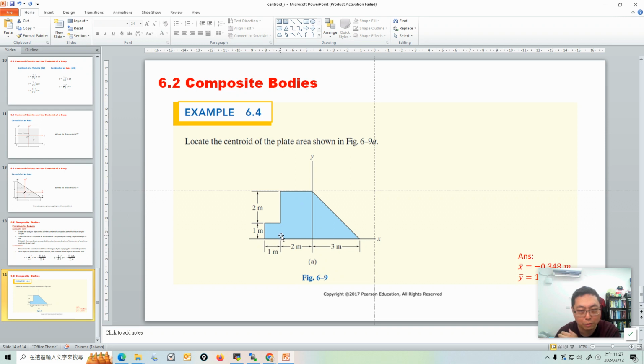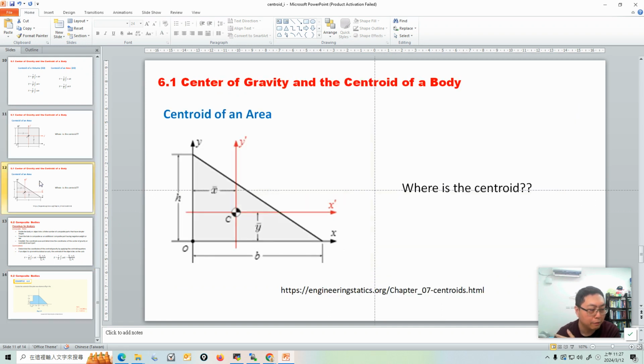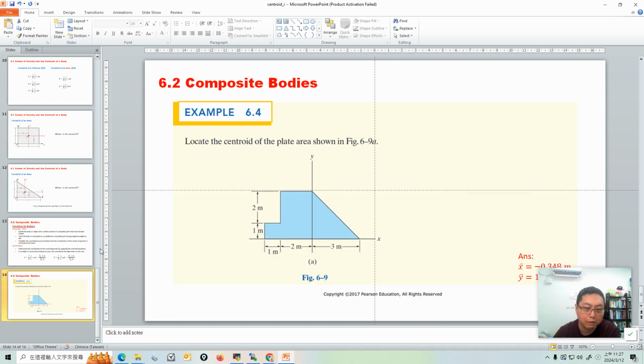It's difficult to recognize it as a rectangle or right triangle, but we still can analyze it. We still can calculate the centroid of these composite bodies.